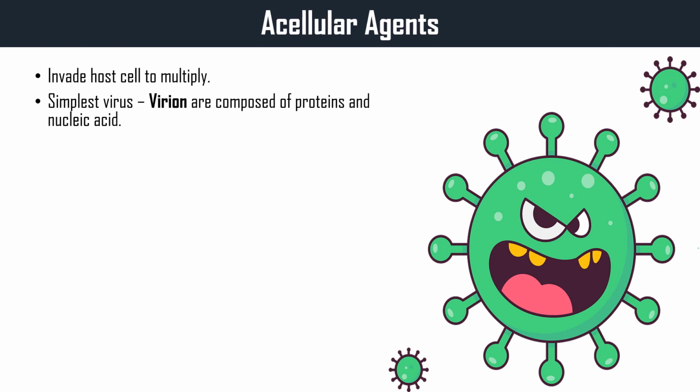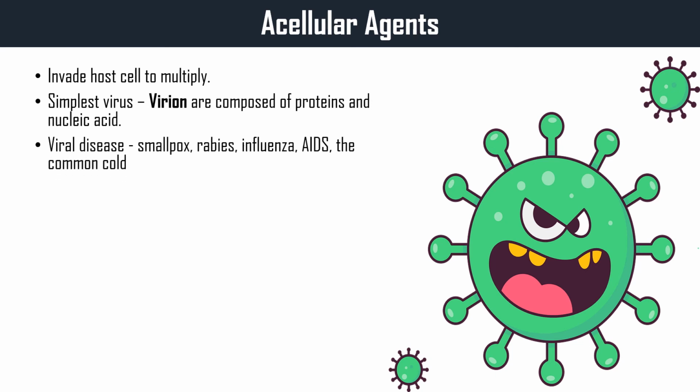They cause many animal and plant diseases and have caused epidemics that have shaped human history. Viral diseases include smallpox, rabies, influenza, AIDS, the common cold, and some cancers. Viruses also play an important role in aquatic environments, where they play a critical role in shaping aquatic microbial communities.